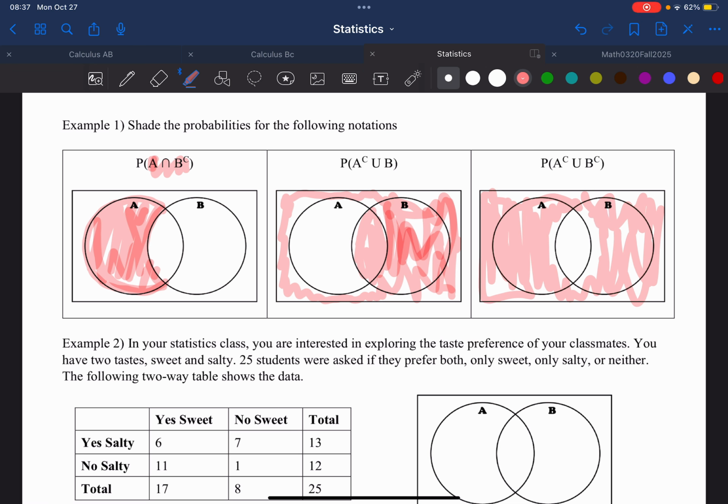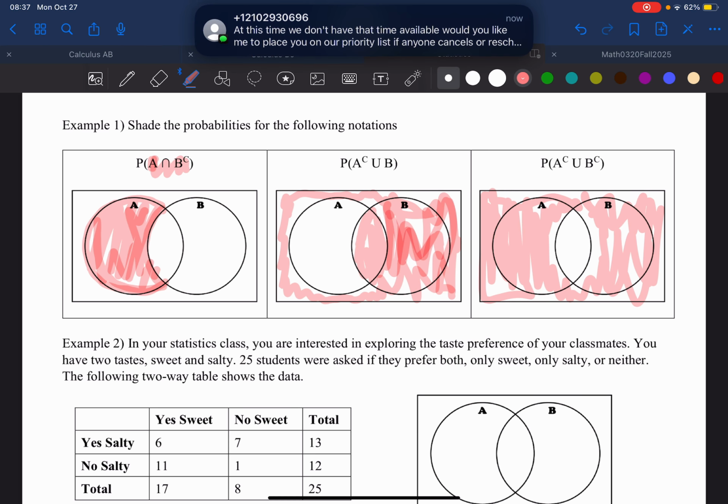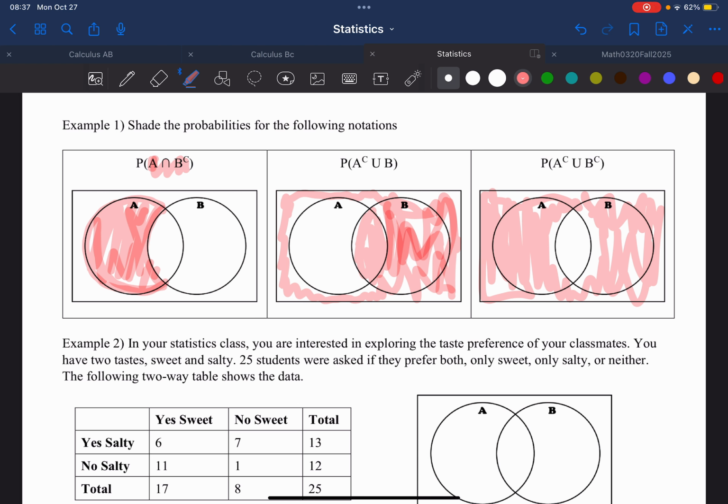Everything but the intersection. Because remember that the probability of A intersection B is going to be just that middle part. So the probability of A not happening or B not happening would be all the areas except where A and B happen together.